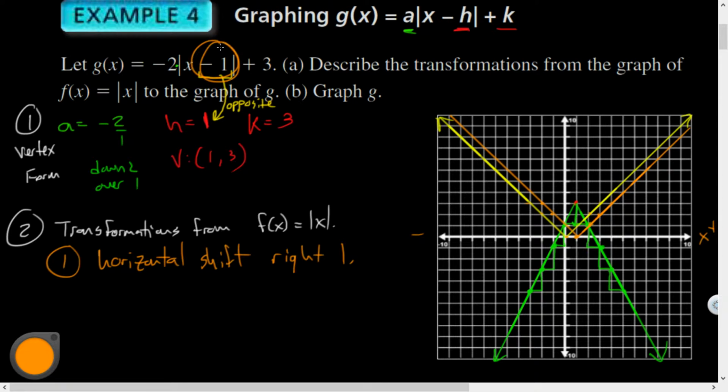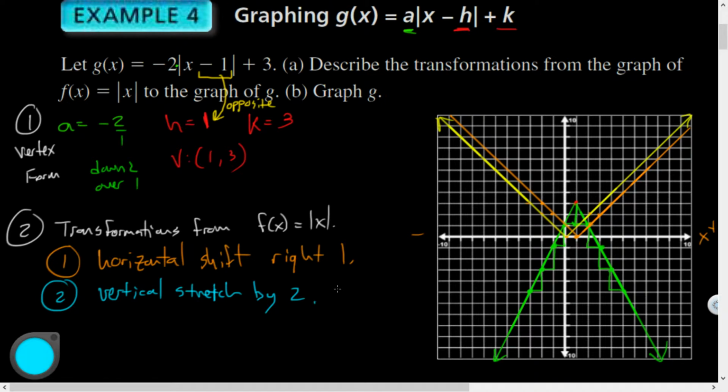The first thing that I've got was subtracting 1. The second thing, after absolute value is taken, is being multiplied by -2. So the second part is a vertical stretch by 2.